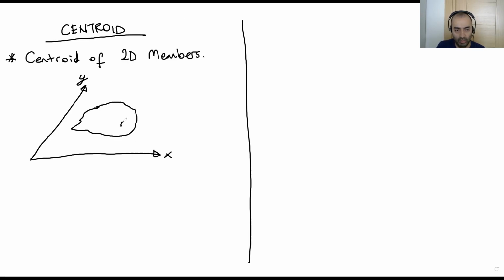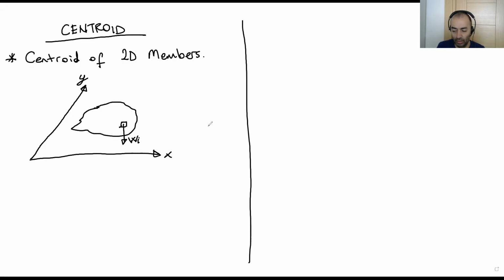Here we have a member. So this shape includes many small pieces like this. Okay, I'm just working on this small piece. It has a weight, right? Goes down in the vertical direction. Let's say its weight is Wi.